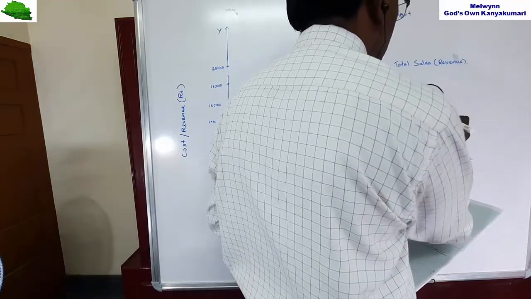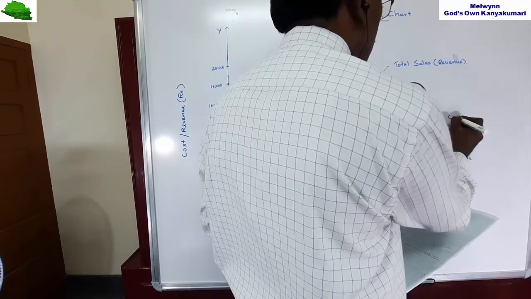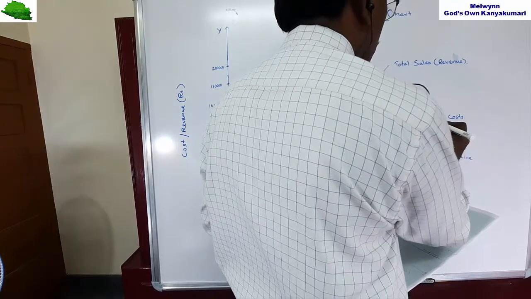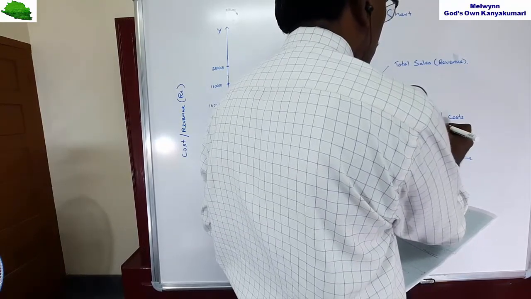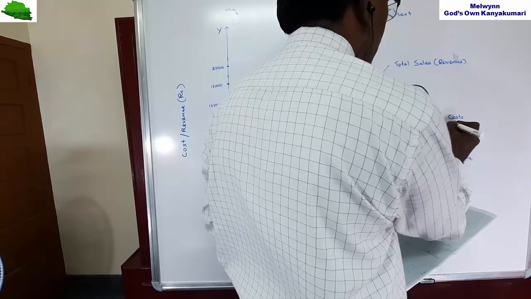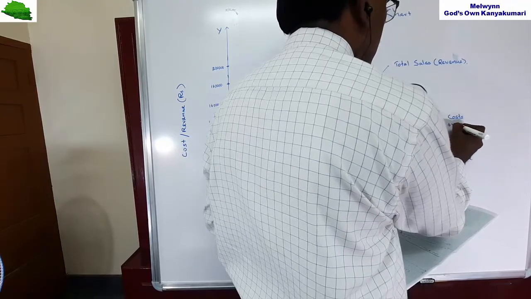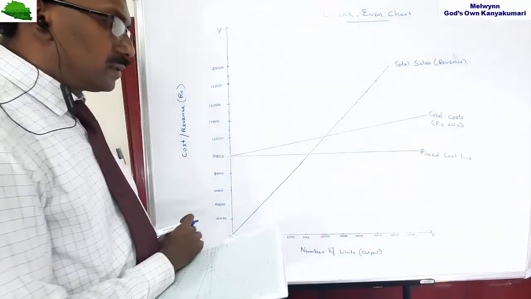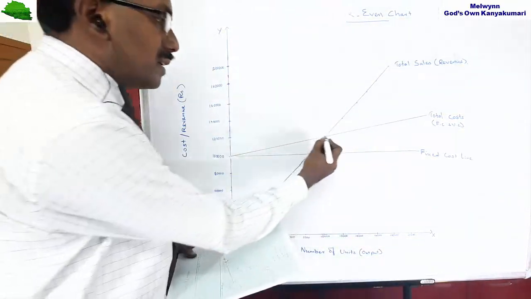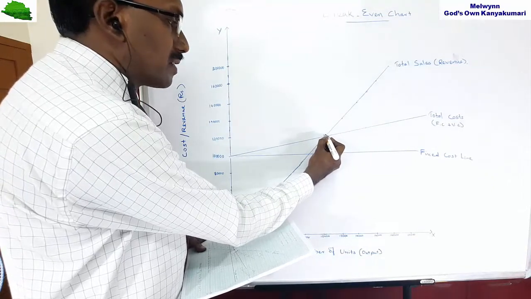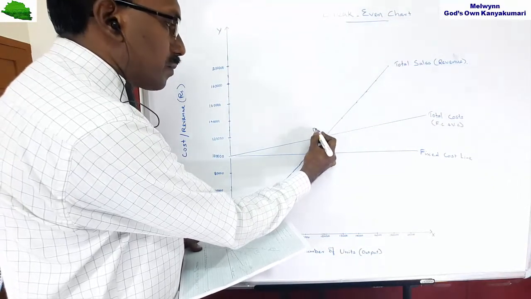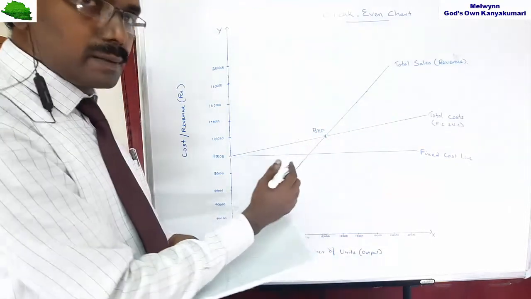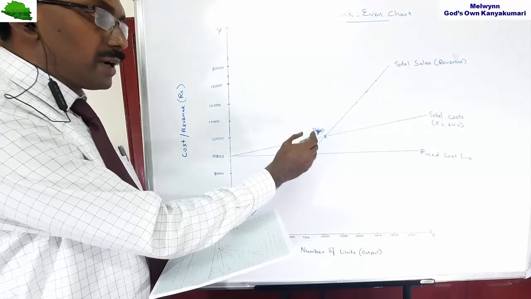Total cost. It includes fixed cost plus variable cost. This line is total cost line. Now this point is the break-even point. Now listen here, this point is the break-even point.